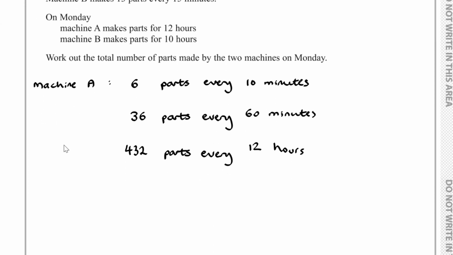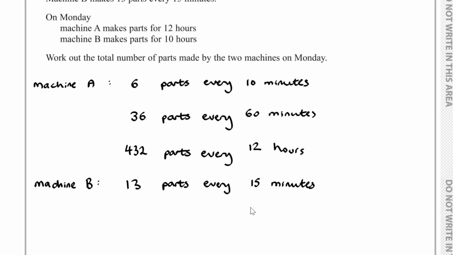And we can do the same thing with Machine B. So now for Machine B, we have 13 parts every 15 minutes.